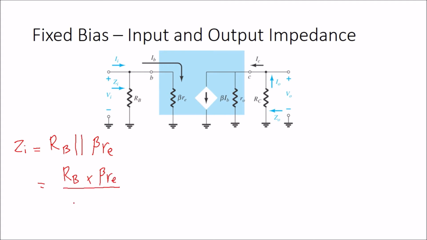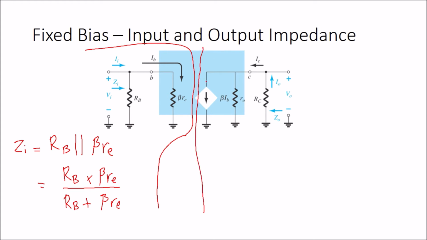This is the total resistance, RB times beta RE, over RB plus beta RE. This is the Zin, the input side. And then this other side here, we can analyze separately. This one will be the output impedance.